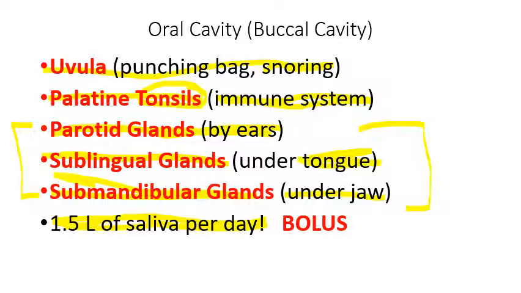But the salivary glands need to take a bunch of that water out of the blood serum, and then they produce the amylase enzymes and a few other things, and let it go in the mouth so that it can be mixed up with your food. So when you chew up your food, you mix it with saliva, and then you rename it as a bolus.